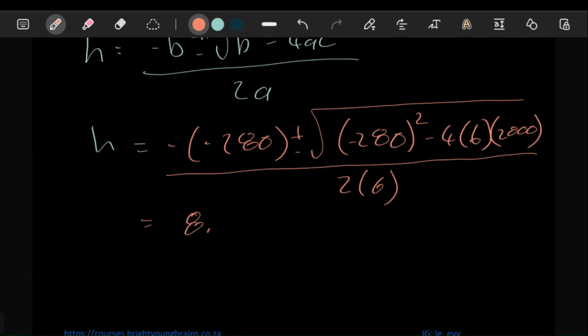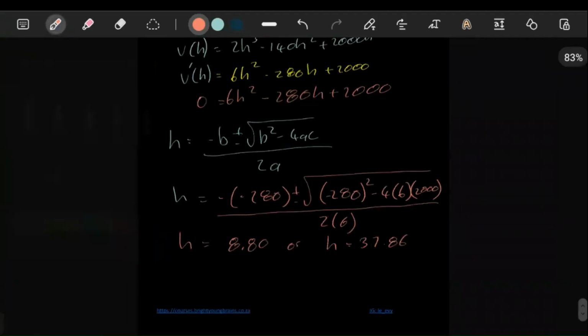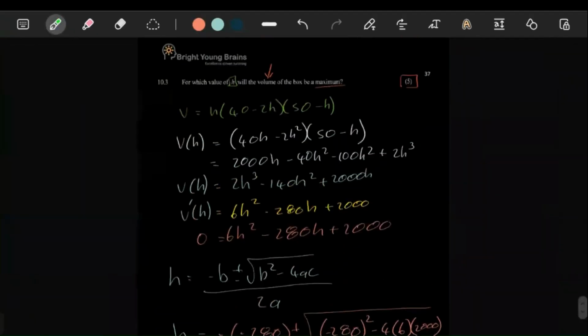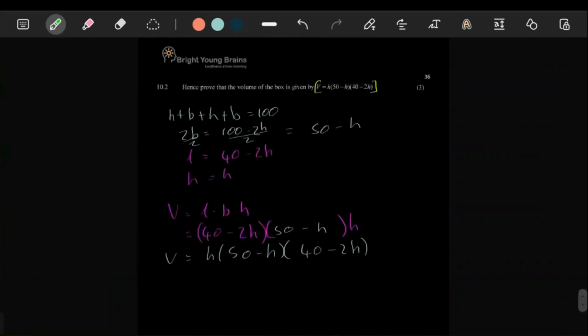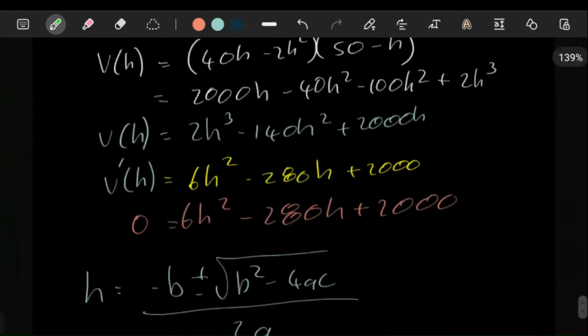8.86 if you round off to 2 decimal places. 80, sorry. 80. Or the other one, let's see here. It is slightly big. Yeah, that's a bit big. That's like 37.86 in the calculator. So the logic now is you have to choose which value is valid, because they both cannot be valid. So they're saying H has to be 30 something or 8.